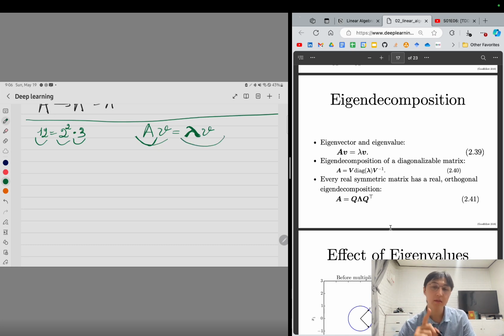One matrix can have many eigenvalues and many eigenvectors. And eigen decomposition works only for square matrices. Square matrix means 2 by 2 or 3 by 3, but it won't work for 3 by 4. And that's about eigen decomposition.